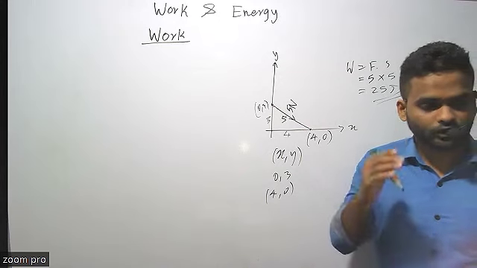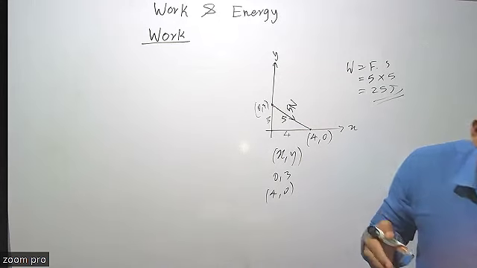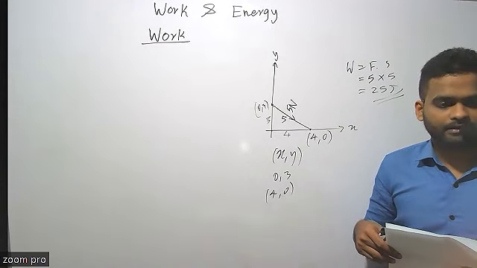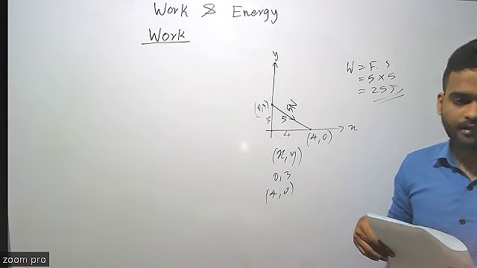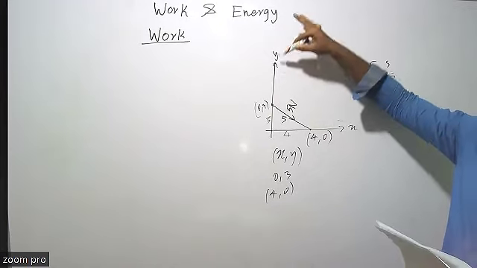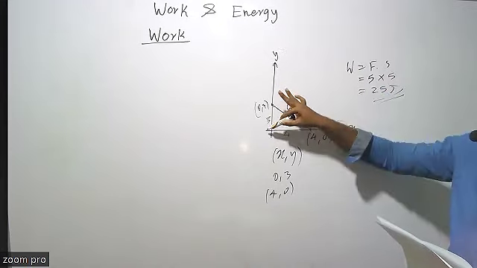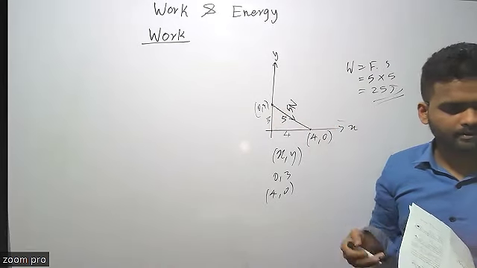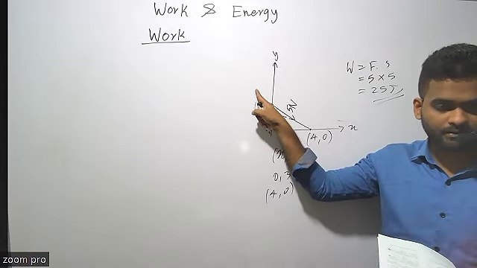Always you have to find... no, the area of the triangle we cannot get, right? This is Y, both sides are displacements. Y is displacement, X also is displacement. So the area of the triangle doesn't give us anything, this is not a VT graph.